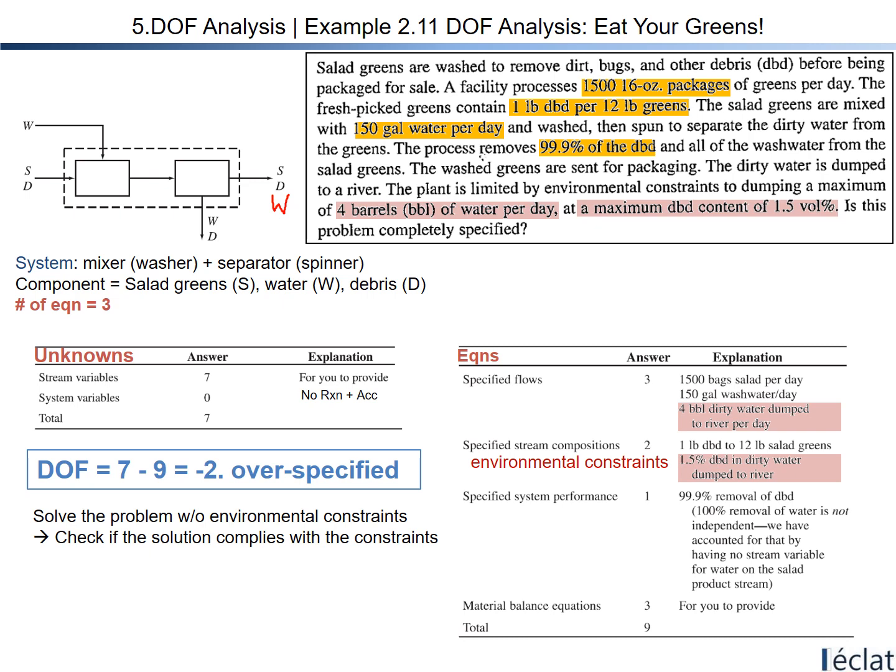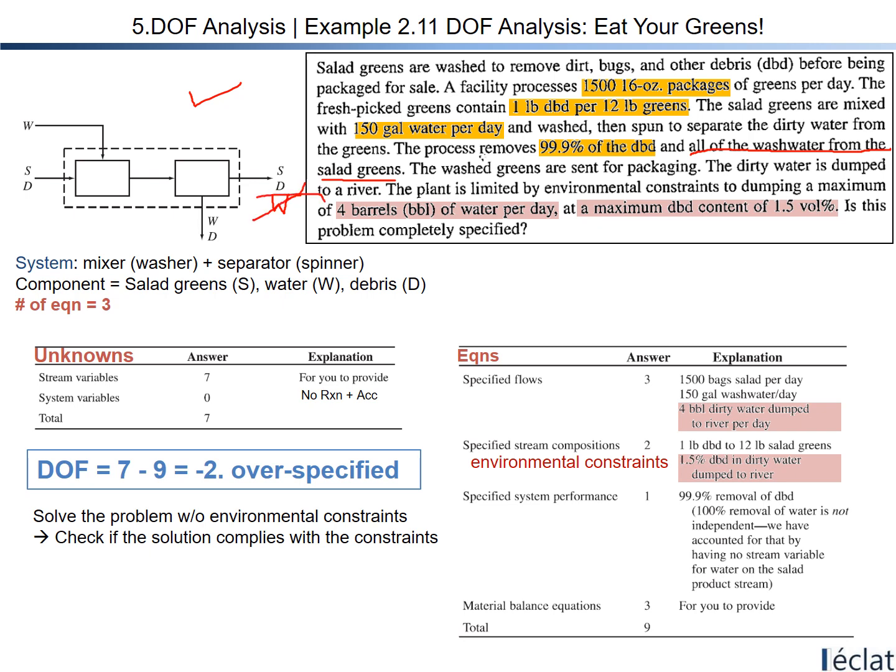However, I want to use one of the conditions from the problem statement to simplify these problems. Here, all of the water from the salad greens are removed. So I have used this condition when I have drawn this block flow diagram. So I have removed this water.